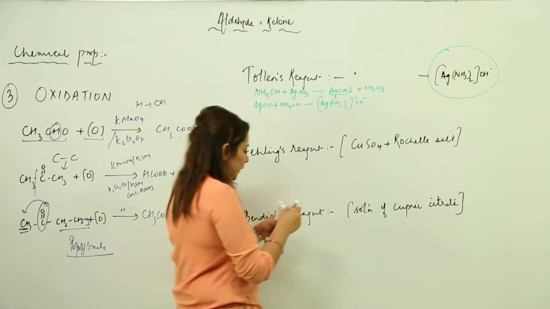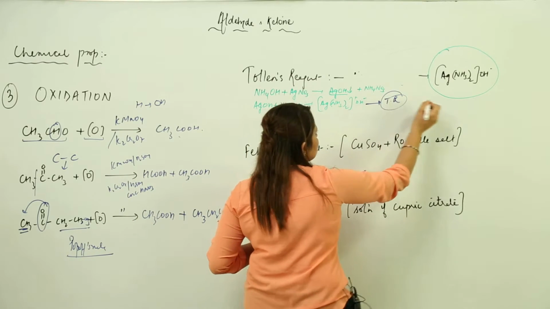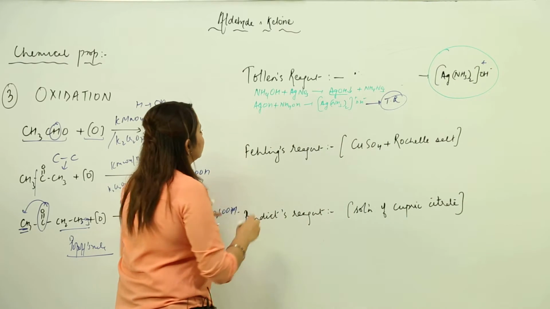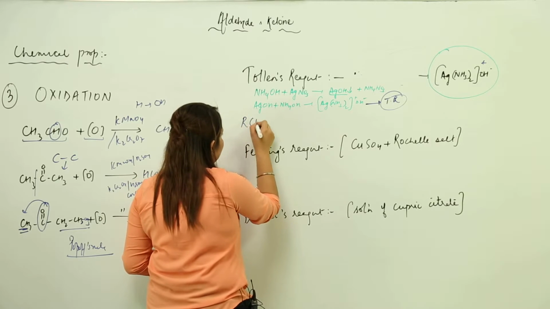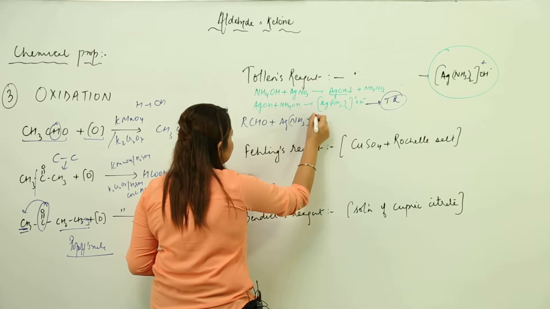This is our Tollens reagent. Now, when we add this Tollens reagent to an aldehyde, I am going to react the Ag(NH3)2, that is the Tollens reagent, with it.